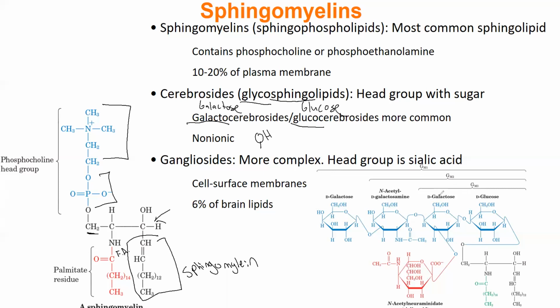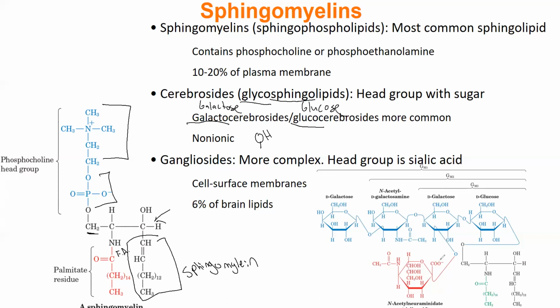And a more complex head group is called the ganglioside. Here, instead of one sugar, you have 5 sugars. And this group is called the sialic acid. These make up a lot of the lipids in your brain.